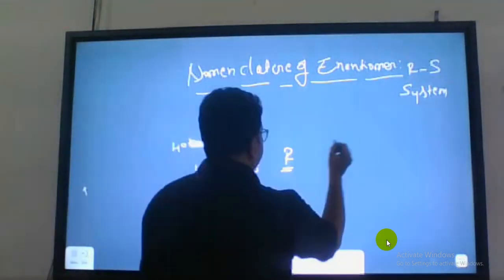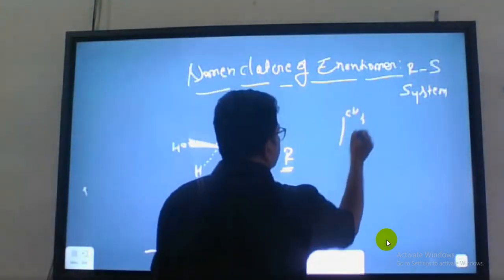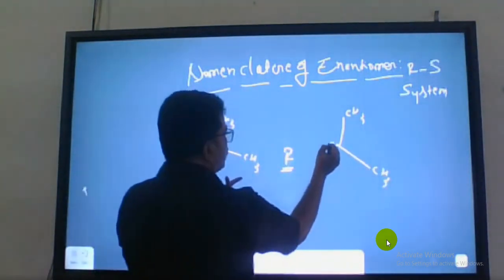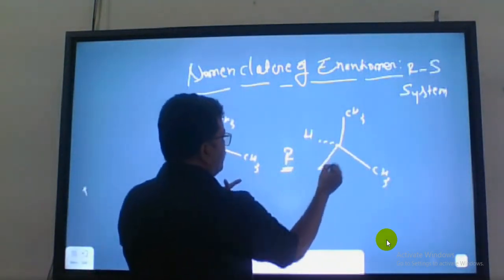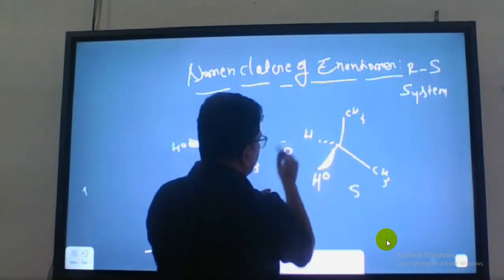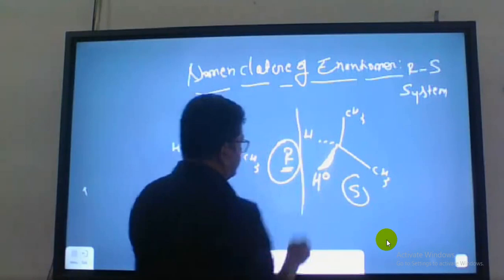Rotate by 180 degrees. One is R, another one is S configuration.